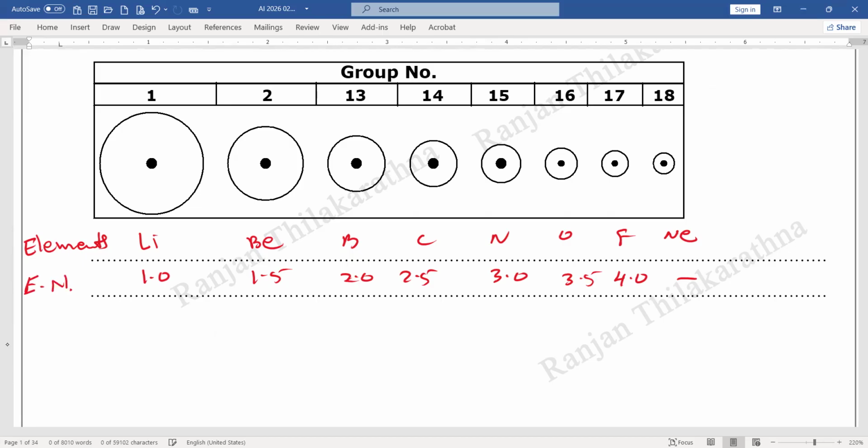We just put En to denote electronegativity. And here we don't define the electronegativities for the group number 18 elements, the noble gases.